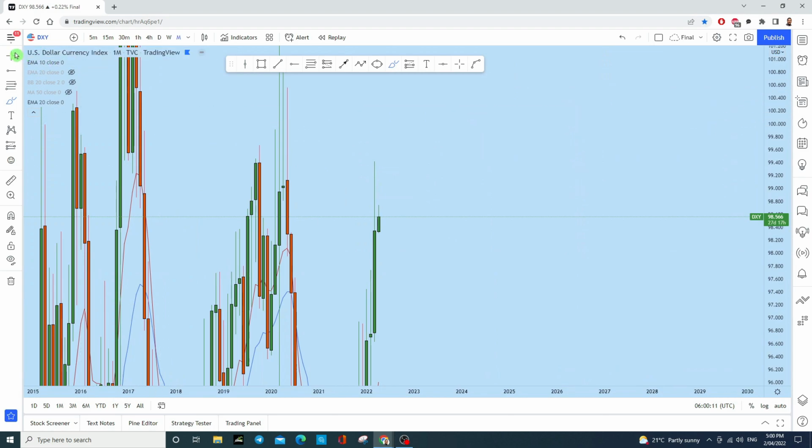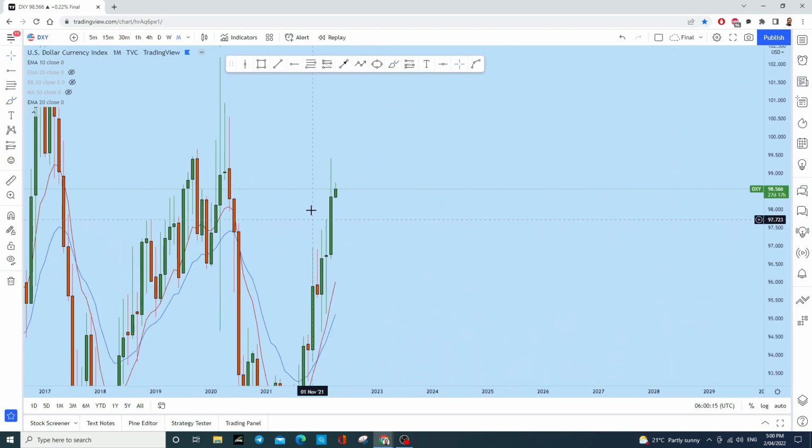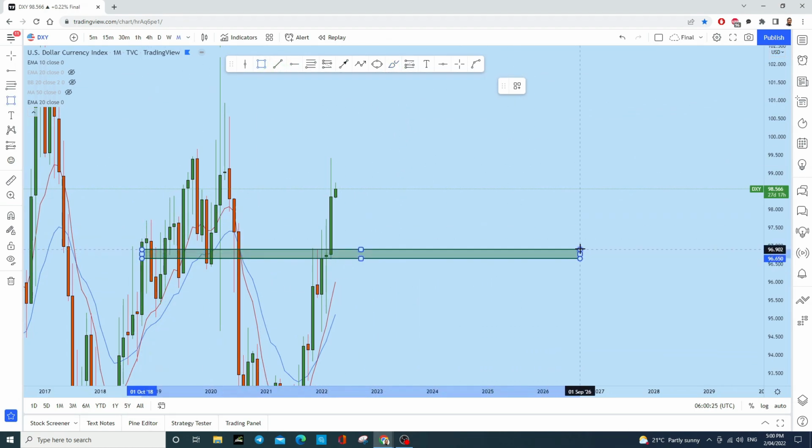So DXY, this is the monthly chart, and we saw a strong monthly bullish candle has been created. Why is it a strong bullish candle? Look at the bottom of this candle. This is the monthly, and this is a very, very strong level of support.